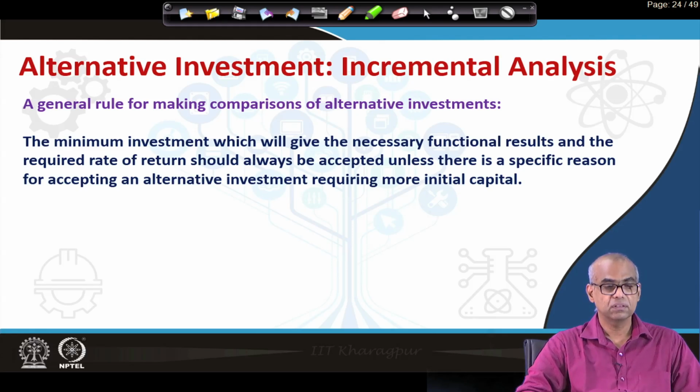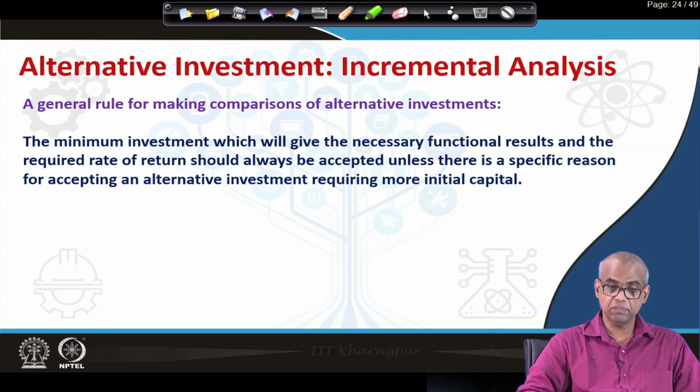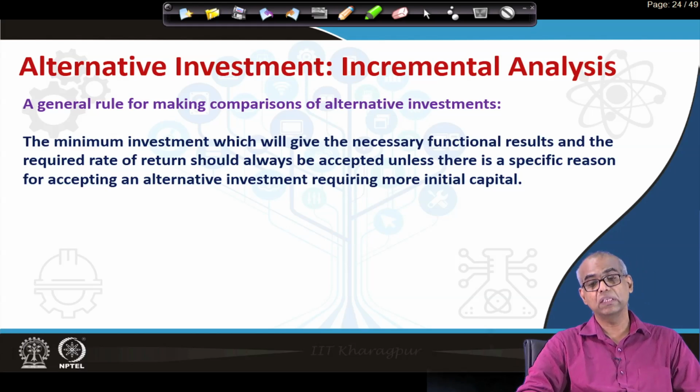I repeat, the minimum investment which will give the necessary functional results and the required rate of return should always be accepted unless there is a specific reason for accepting an alternative investment requiring more initial capital.